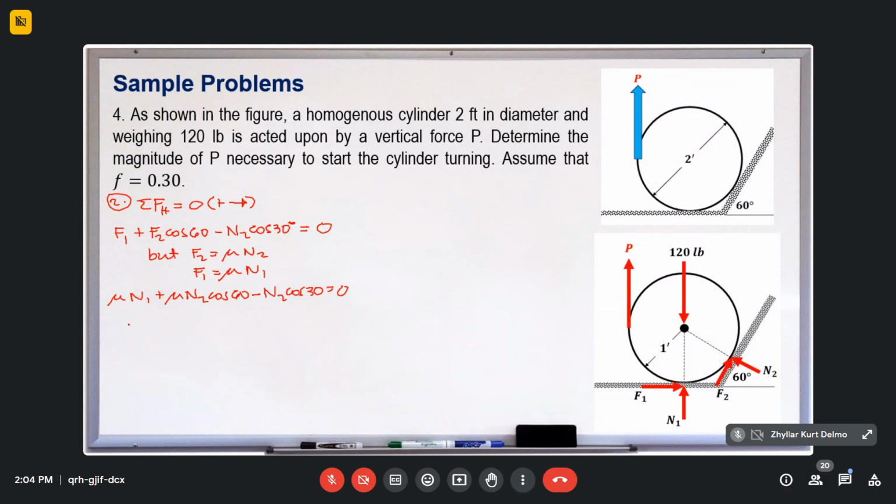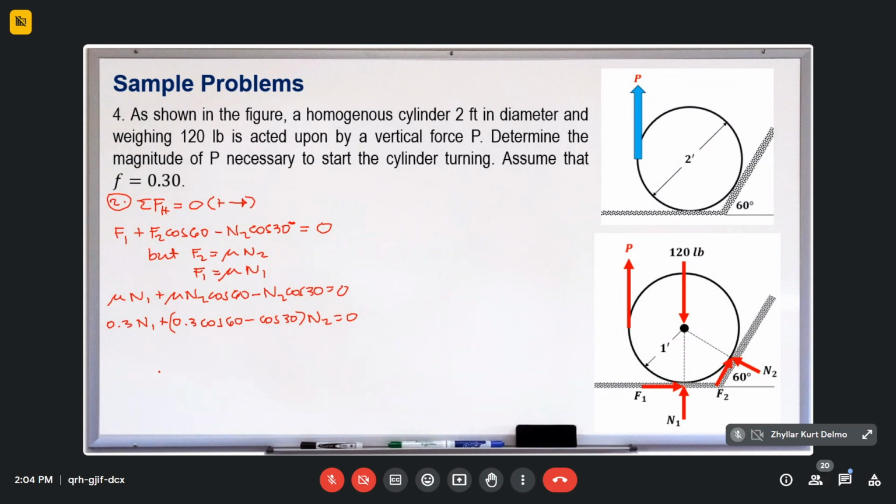So, i-substitute ang values, we have 0.3 N1 plus 0.3 cosine 60, then minus cosine 30, N2 is equal to 0. So, this will be our second equation.